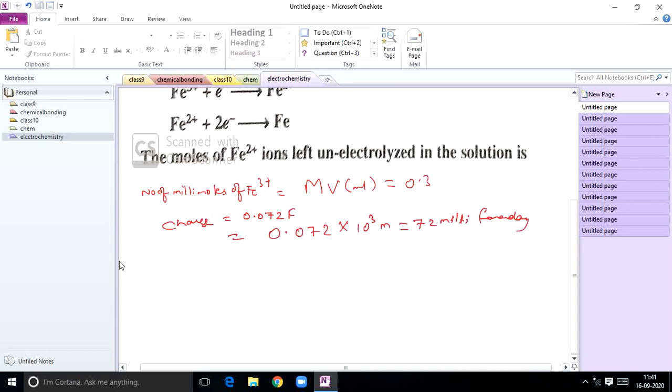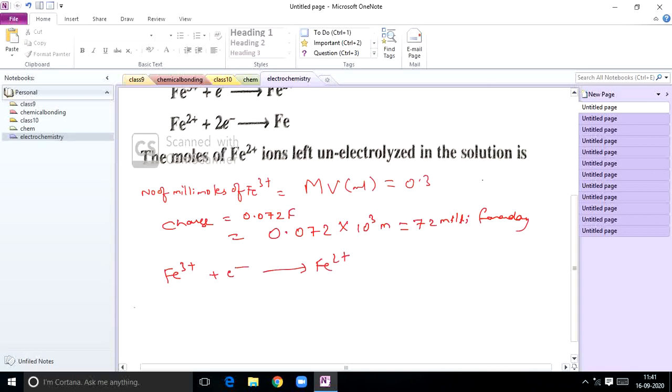Next, that is the charge. So 30 millimoles of Fe3+ ion requires 30 millifarad. From the equation, first we will write the equation: Fe3+ + e⁻ gives rise to Fe2+.